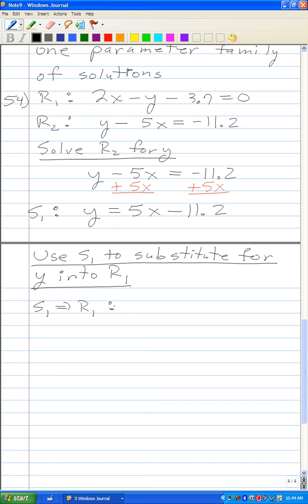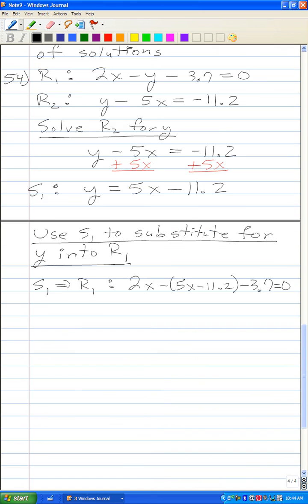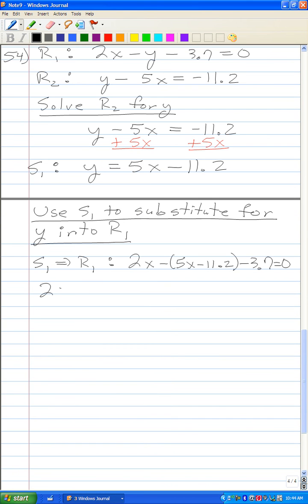So that gives me 2x minus y, where y is 5x minus 11.2, minus 3.7 equals 0. Okay, so I get 2x. Let me change all the signs inside the parentheses since there's a minus sign outside the parentheses. Minus 5x plus 11.2 minus 3.7 equals 0.